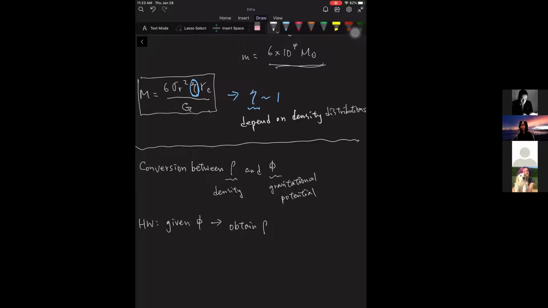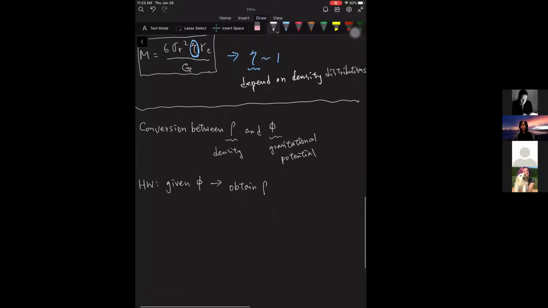Okay, to relate density and gravitational potential, I believe you already learned in class Poisson's equation. This is very useful in relating these two quantities. We have the Laplacian of phi equal to 4 pi G rho, right?